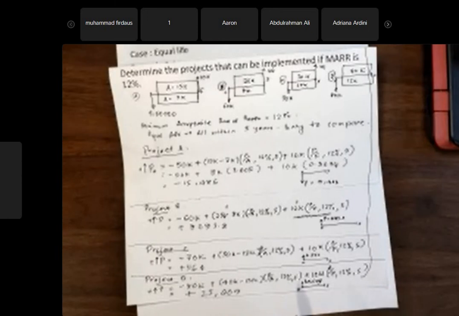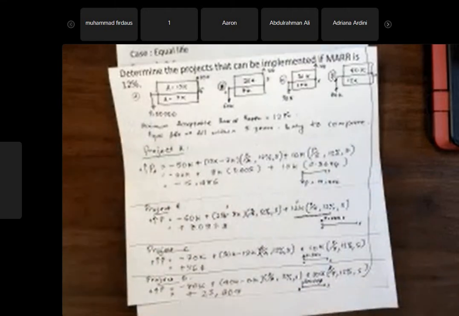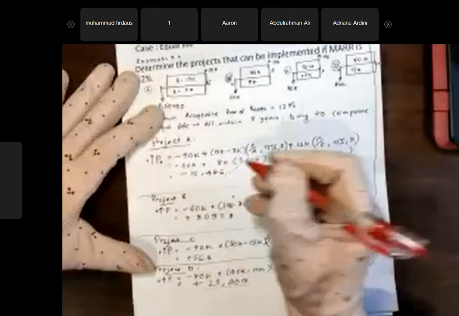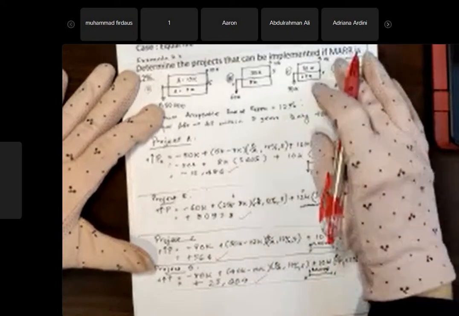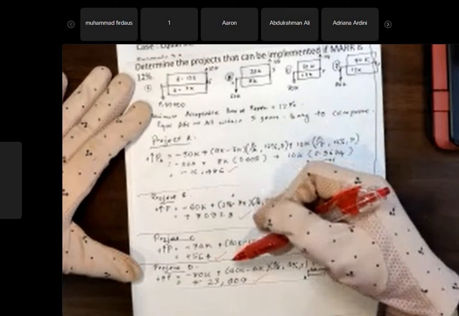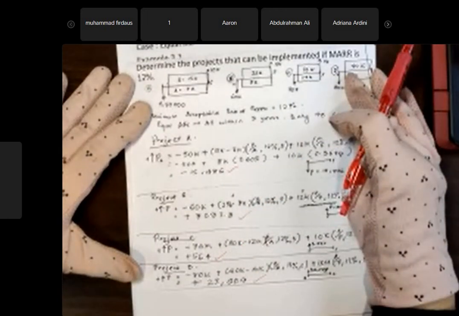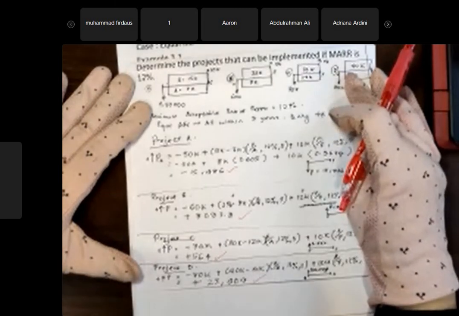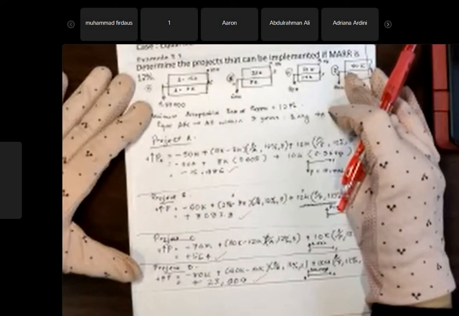The first one is this, the second is this. Which one do you want to choose: Project A, Project B, Project C, or Project D? Which one is economic, or can give you more profit and benefit?